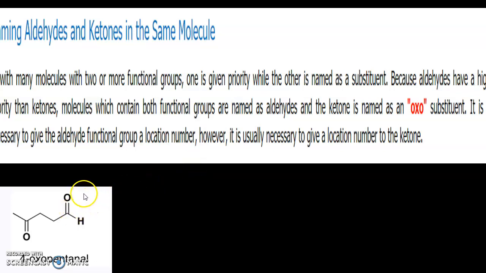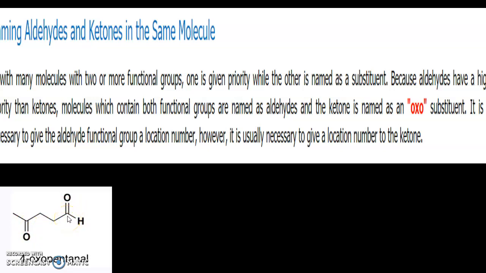Okay, see this. Here the aldehyde functional group is also there and the ketone functional group is also there. As I have explained already, if both are there, then we have to give the first priority to the aldehyde.